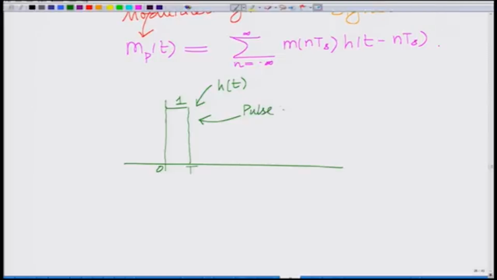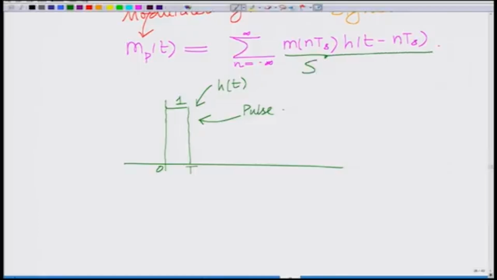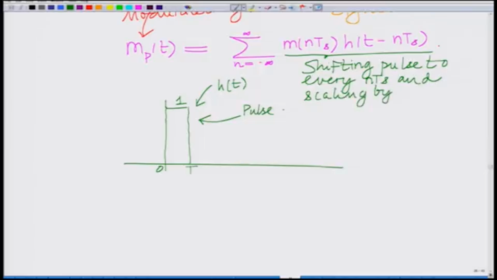What we are doing is shifting the pulse to every nTs and scaling, or modulating, it by m of nTs, which is the value of the sample at the nth sampling instant. So, this is shifting the pulse to nTs and scaling by m of nTs.